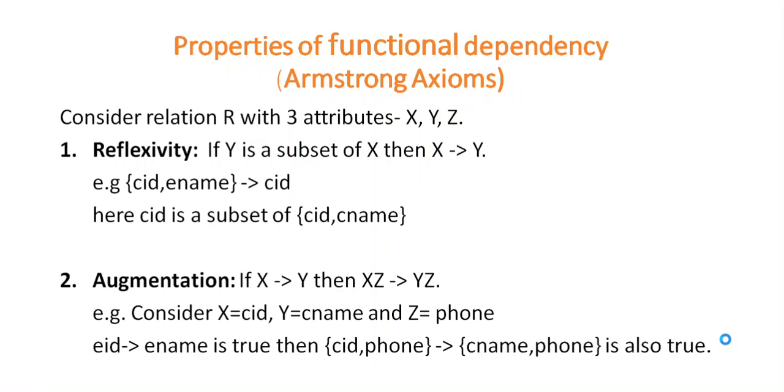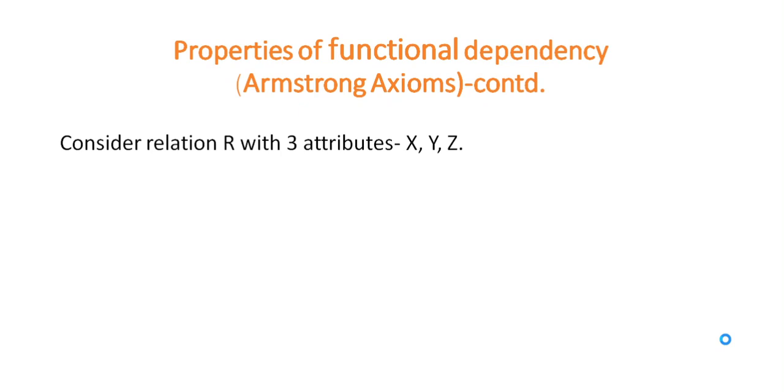I am again repeating, if customer ID is determining customer name, and there is another attribute phone, we can append this phone to each of the attributes. Means the combination customer ID phone is determining the combination customer name and phone. This is also a functional dependency. This is the augmentation functional dependency.